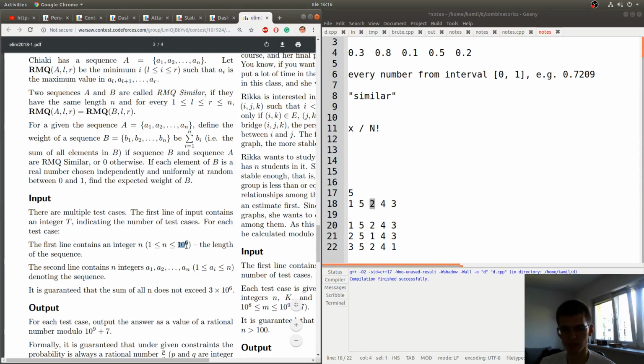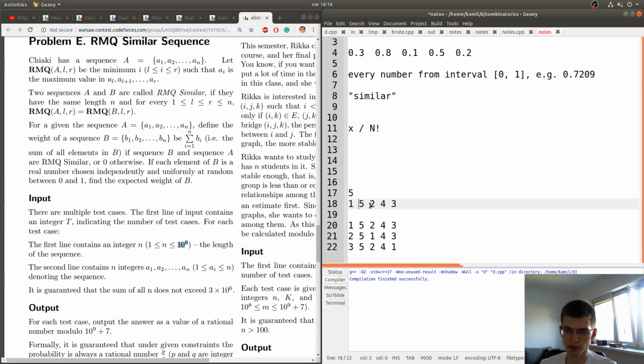Since n is 1 million, we can only iterate over one number. So it makes sense to think about iterating over one number and, in a fast way, processing all the pairs of this number with some other number, but this approach turns out to be bad.